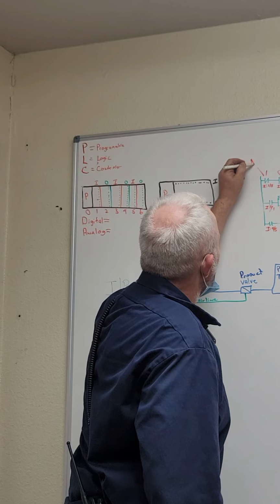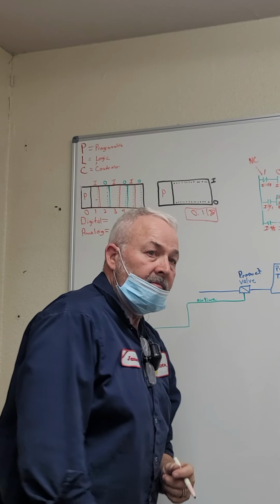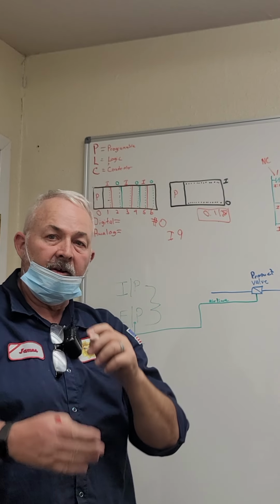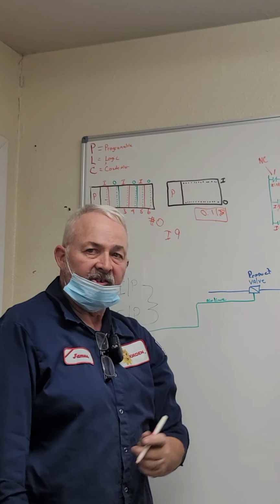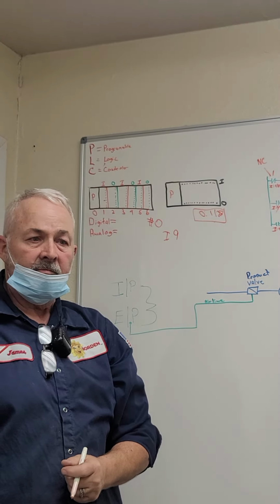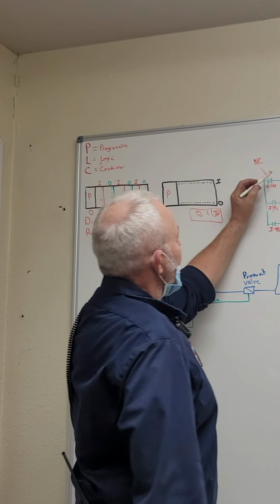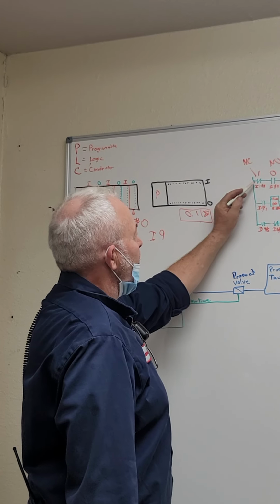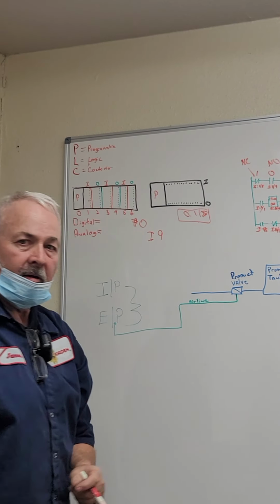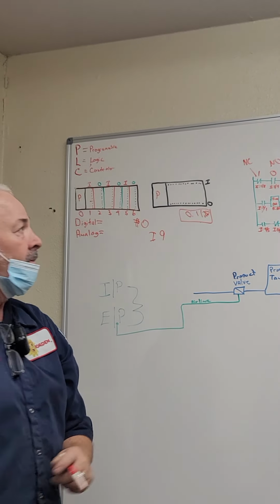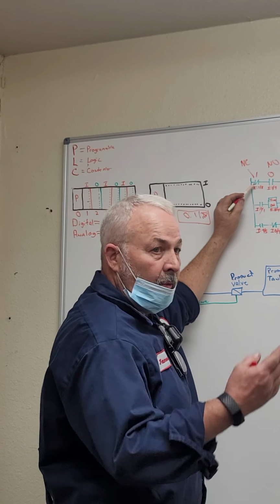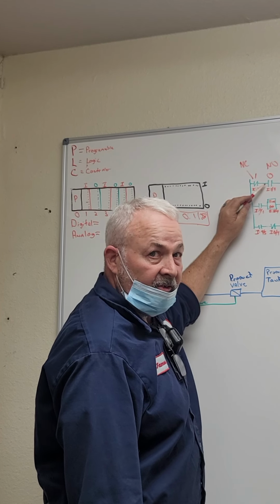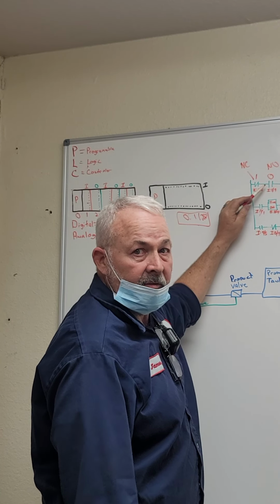This would be a normally closed, which is NC. Whenever you're looking at a switch or a relay and it's got NC on it, that means those contacts are touching. This is a normally open. Now, when I said this is true and that's false, what did I mean by that? This is true because it's always live. This is false because it's not always live. It's open.